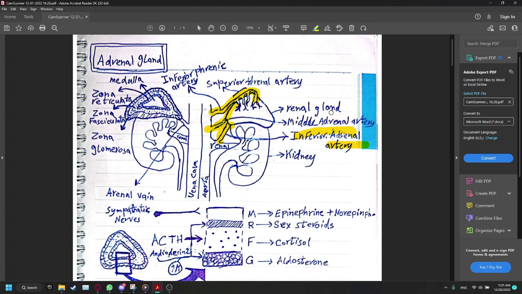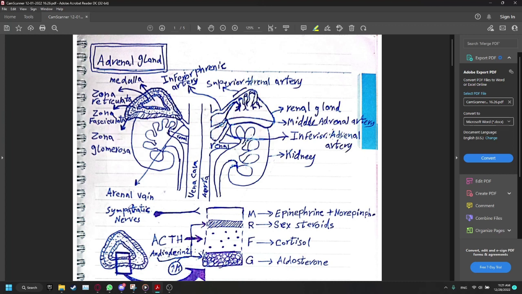About the drainage, we mainly have one vein, called the adrenal vein. Simple as that. So we have three supplies here: the superior adrenal artery, the middle adrenal artery, and the inferior adrenal artery. They all supply the adrenal gland.